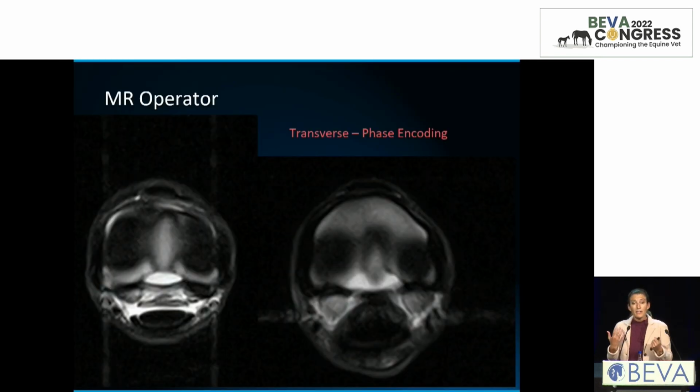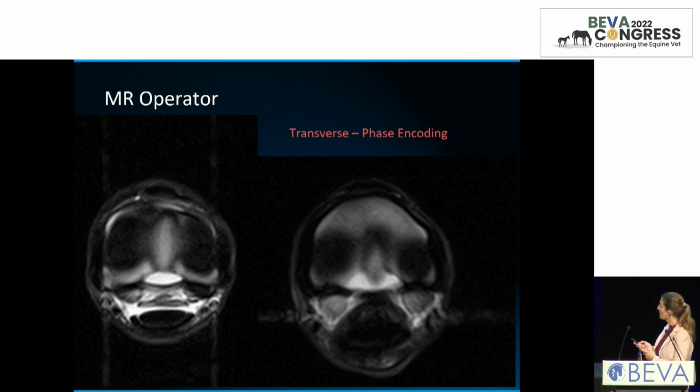As an example, another very good thing to show is phase encoding on fast spin echoes. Depending on what you want to look at and where you might have spotted a lesion whilst you're scanning, you want to flip your phase encoding around. So if you want to look at collateral ligaments, then the phase encoding most certainly is more helpful if it is in a transverse direction.